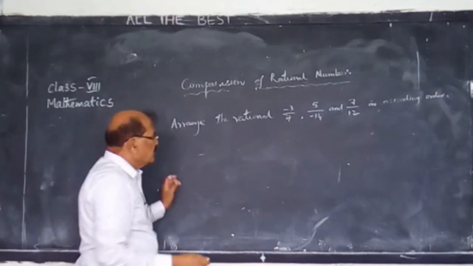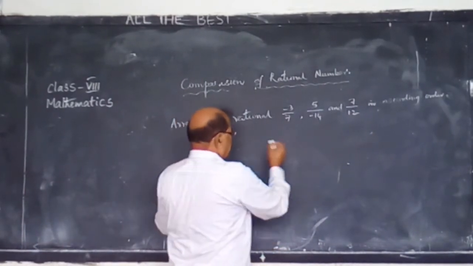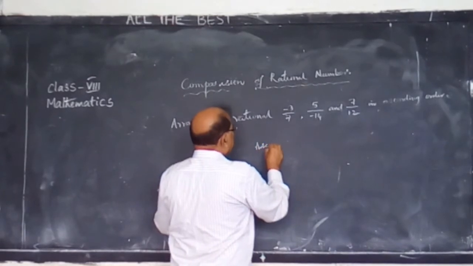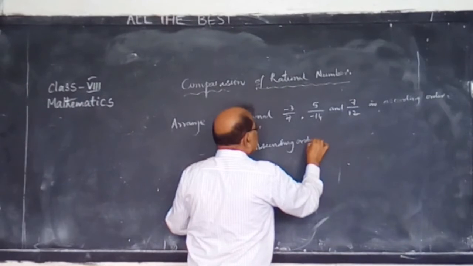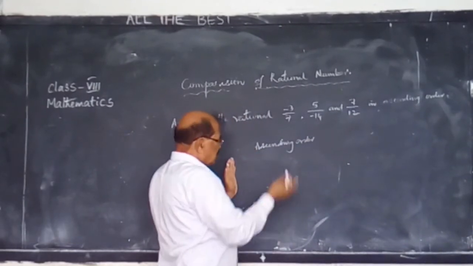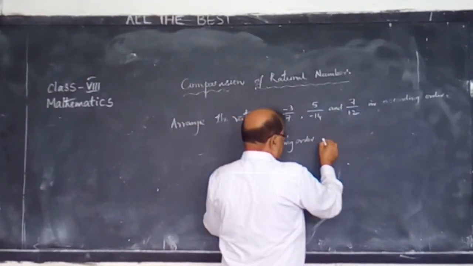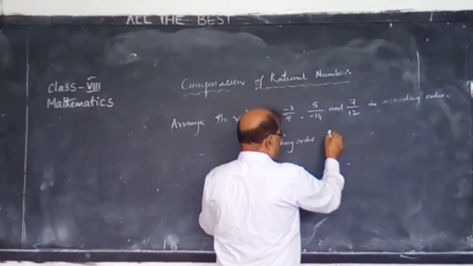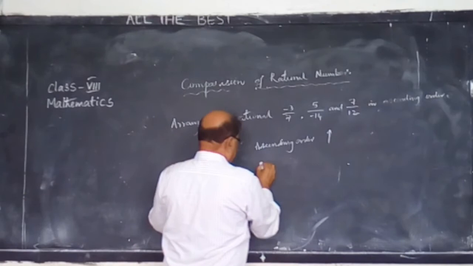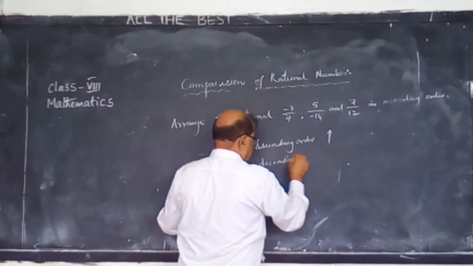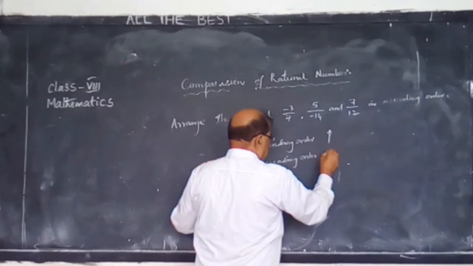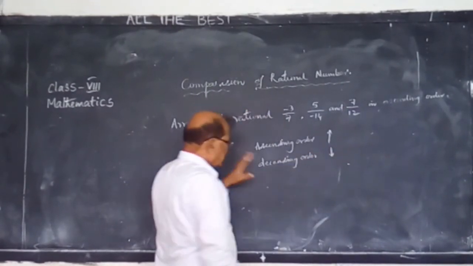So ascending means, you should know what is meant by ascending order. Ascending order is going up, lower to upper. Descending order is coming down, greater to less.